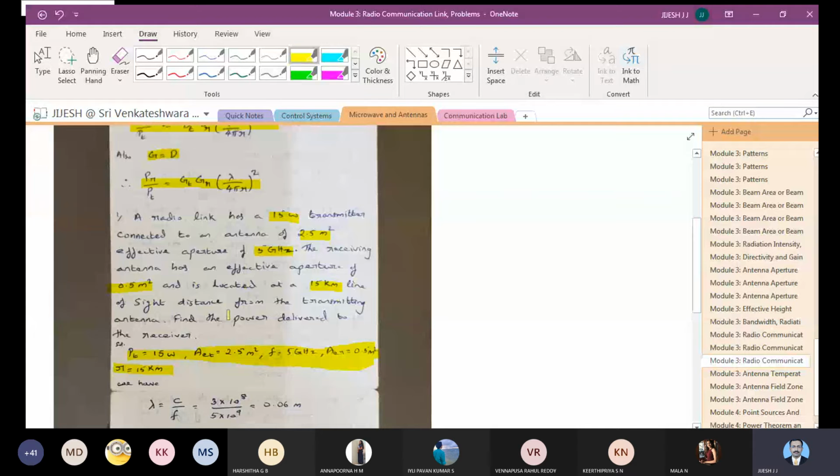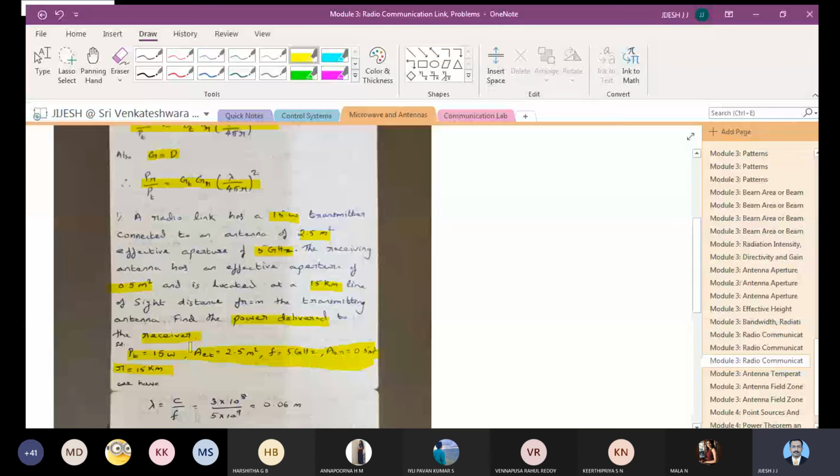Find the power delivered to the receiver. So you need PR. What all things are given? PT is given, AET is given, F is given, AER is given, and R is also given.